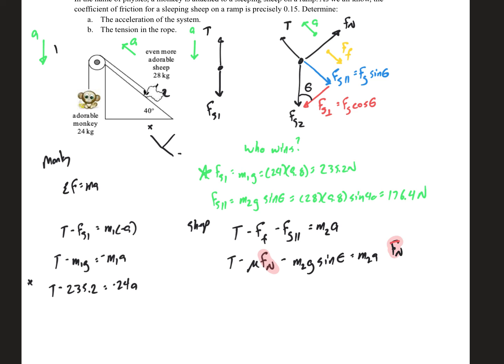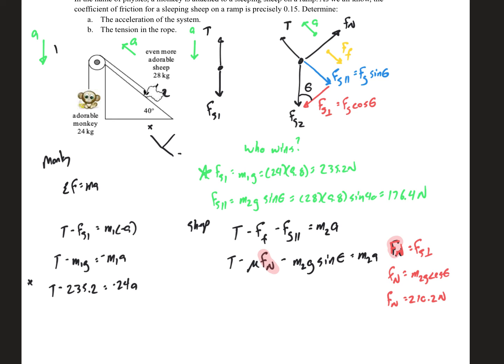The normal force is equal to the FG perpendicular. So the normal force is M2G cosine theta, which should be 28 times 9.8 times cosine of 40. So we get a normal force of about 210.2 newtons.